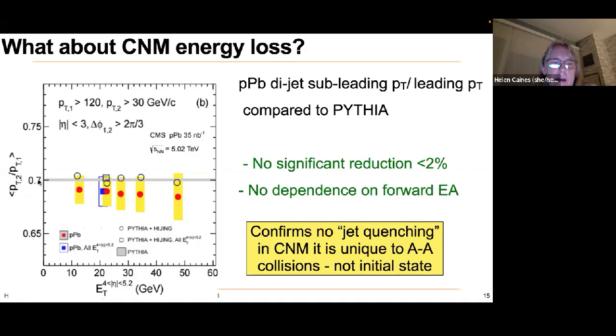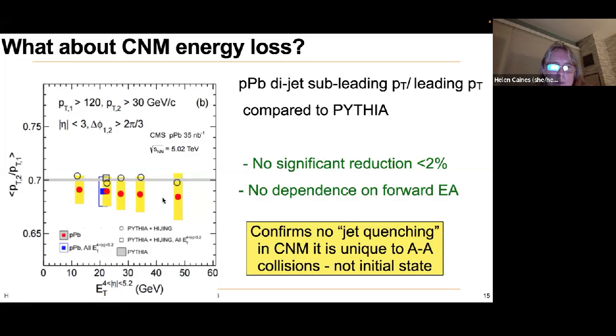And what we compare is the momentum of the subleading divided by the momentum of the leading. If there is no energy loss, and that's what we see here, you see the baseline sitting a little bit lower because it is a subleading jet, so we're biasing the subleading to always be lower than the leading, and that's just resolution effects of the jet cone angle that we're looking at.